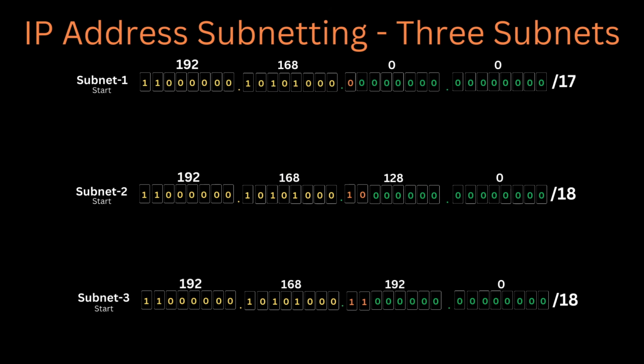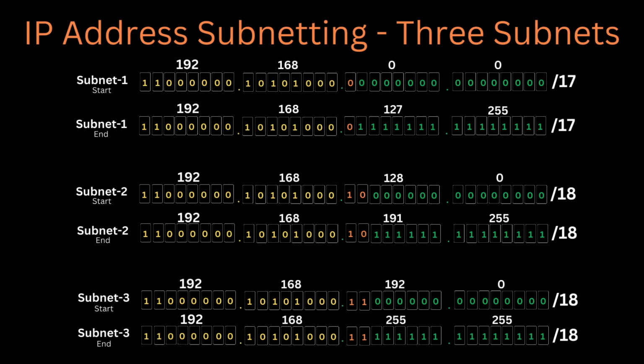Subnet 1 is 192.168.0.0/17, subnet 2 is 192.168.128.0/18, and subnet 3 is 192.168.192.0/18. And you can calculate the end IPs of all 3 subnets by keeping all the host bits to 1.